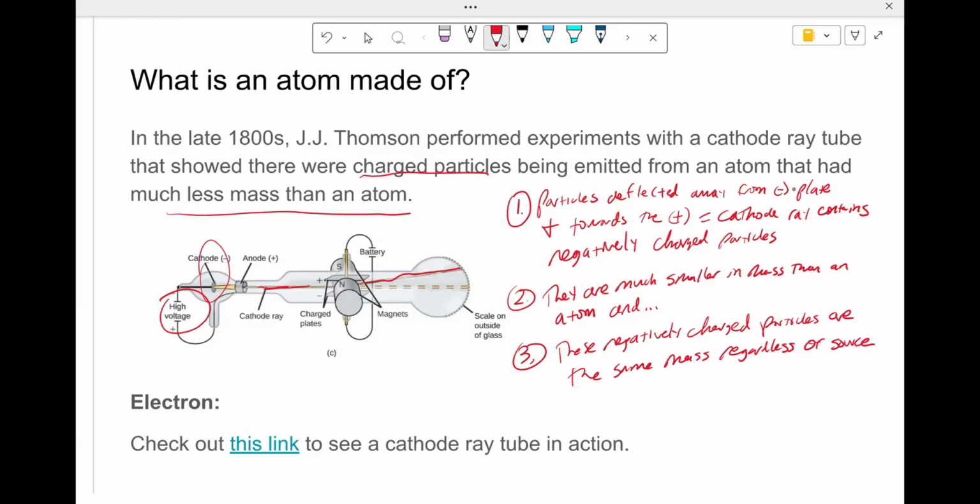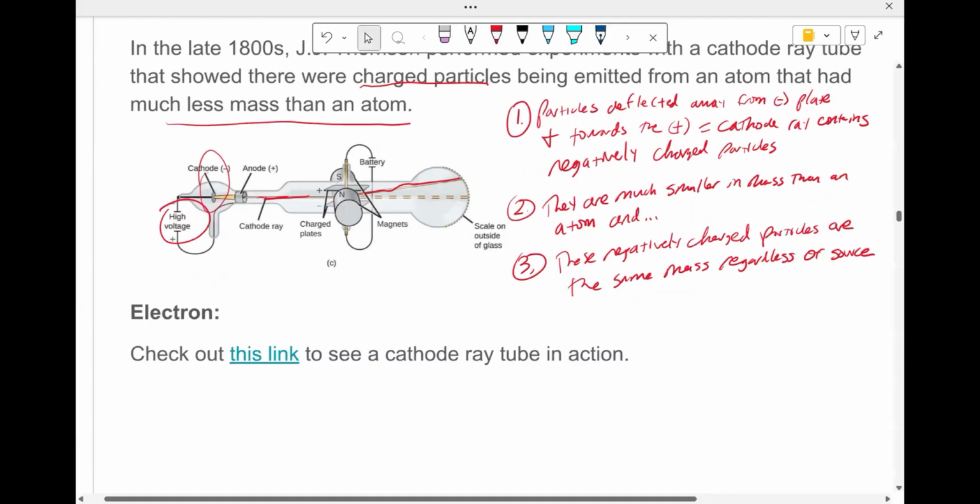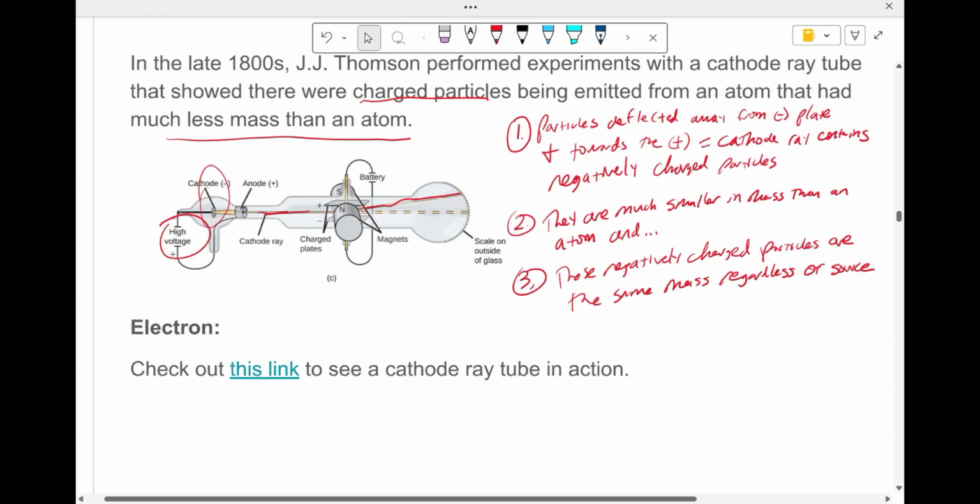So every single atom that exists of every single element has to have the same exact negatively charged particles in it. And so they named these negatively charged subatomic particles electrons.